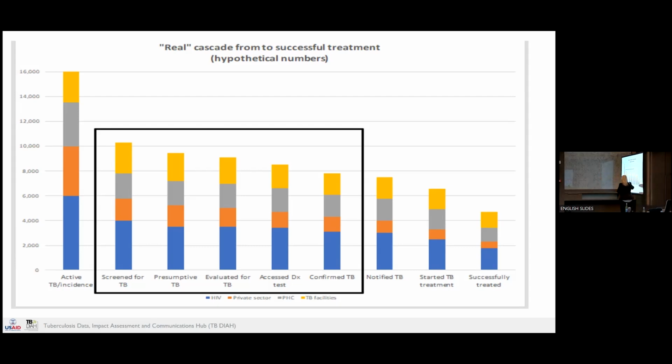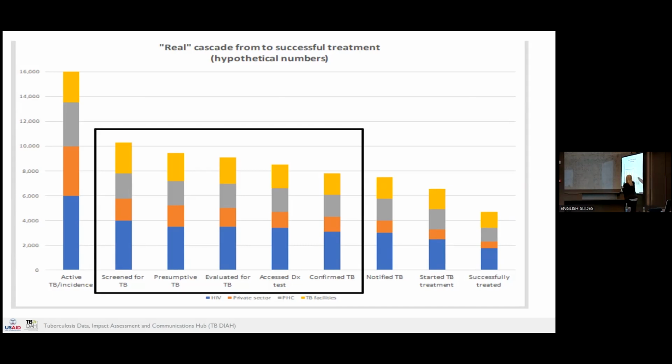This graph provides additional information about the cascade in each of the categories. For example, people that were evaluated for TB in TB facilities. So we see how many were screened in TB facilities, how many were revealed as presumptive TB, how many were diagnosed by Gene Xpert, how many evaluated, how many treated. So this diagram provides additional information in subgroups.